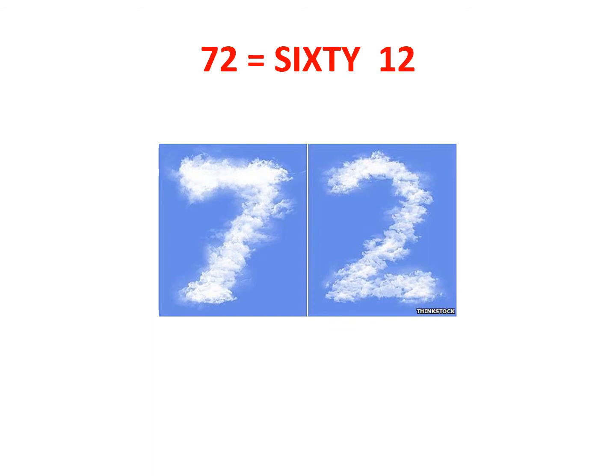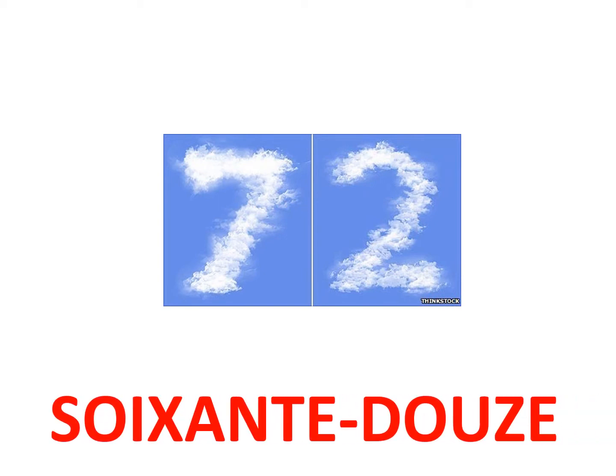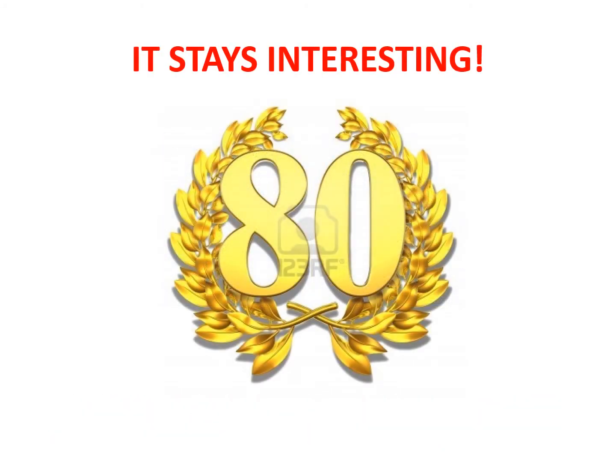And you will carry on. 72 would be 60 and 12. So that would be 72. 73 would be 73. 74 would be 74, etc. It stays interesting. We're still doing math in French.